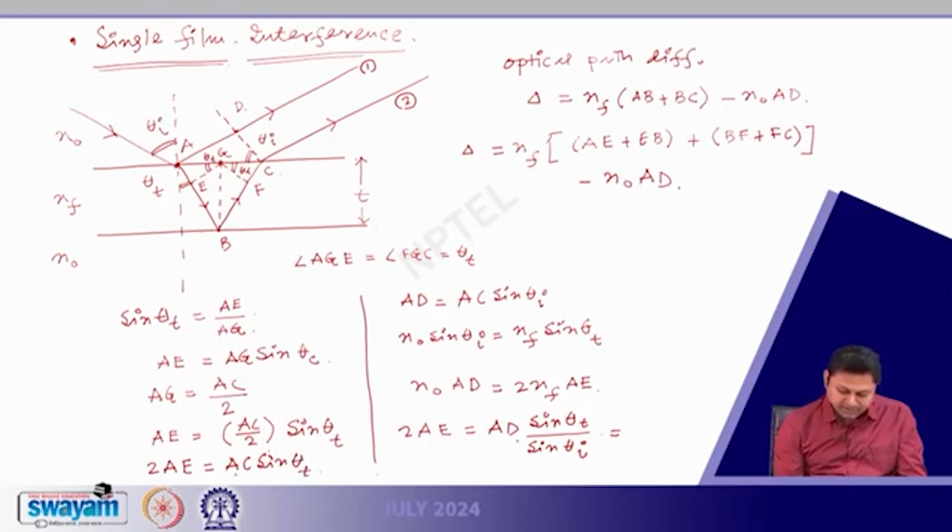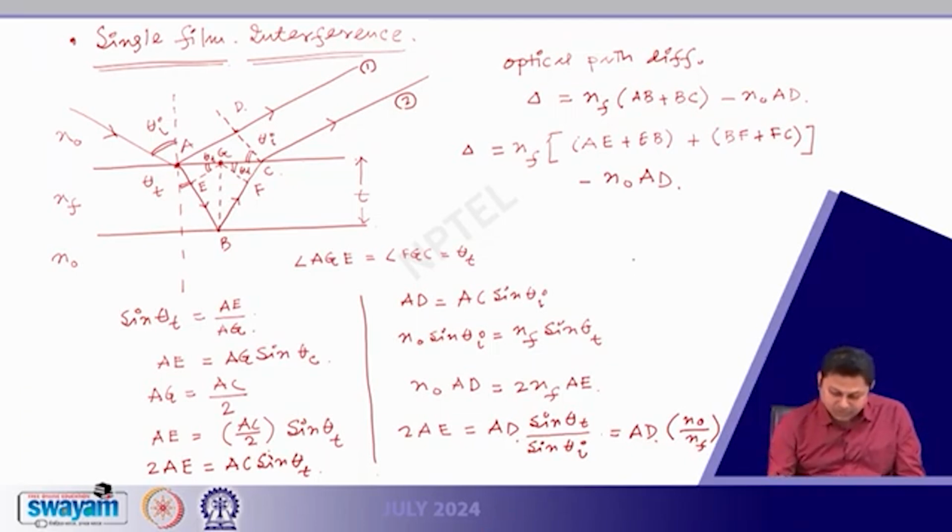So that AC I write from this equation, AD divided by sin of theta I, that is 2 of AE. So this quantity I can write AD. From the Snell's law, I just use this is N0 divided by NF. Okay.